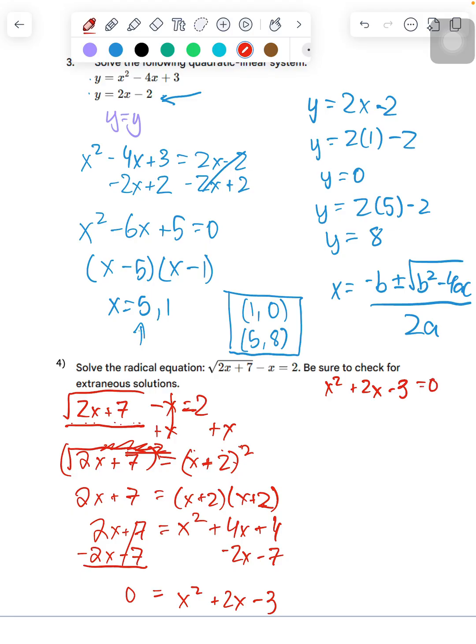I could use the quadratic formula to solve for x, but I'm going to factor because I remember my times table. I'm looking for the factors of negative 3 that add up to 2.